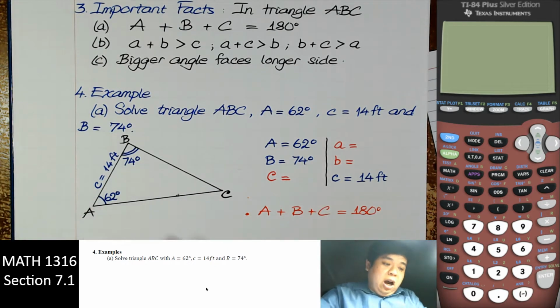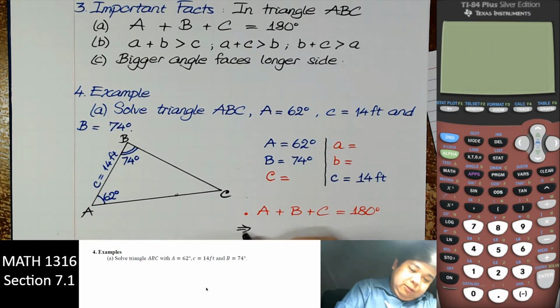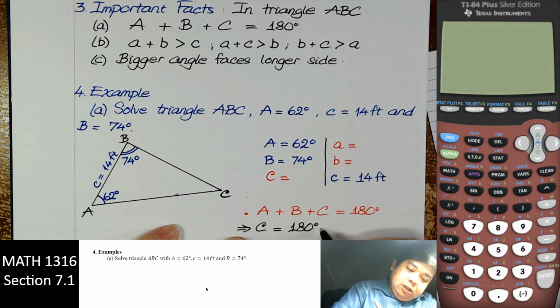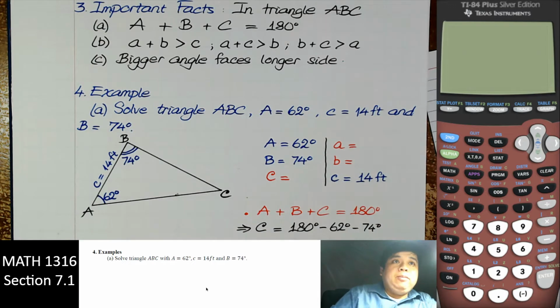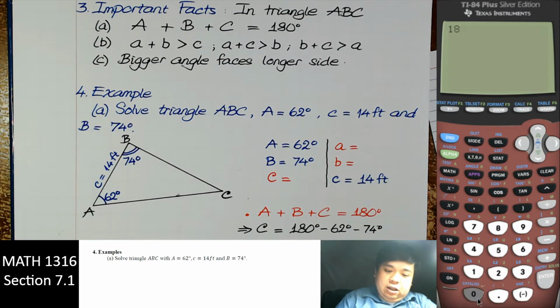From here, we can solve for angle C. C is equal to 180 minus 62 and minus 74. 180 minus 62 minus 74, this is 44 degrees.